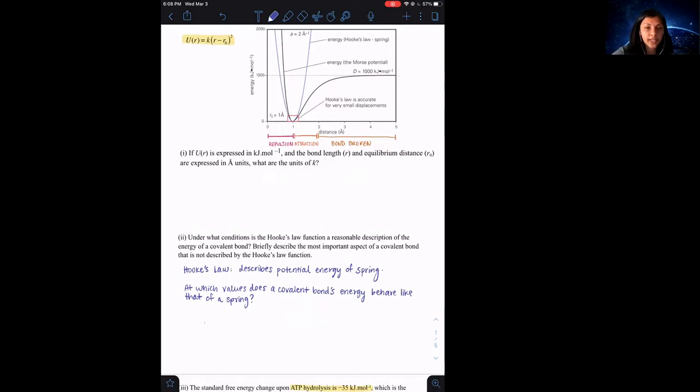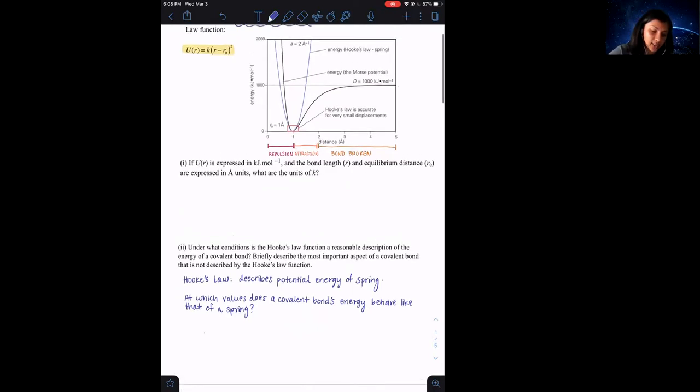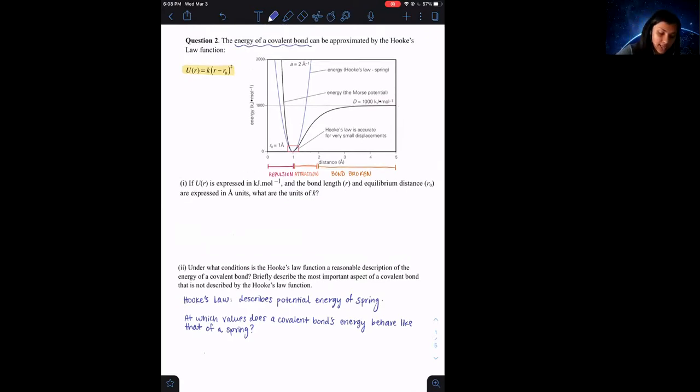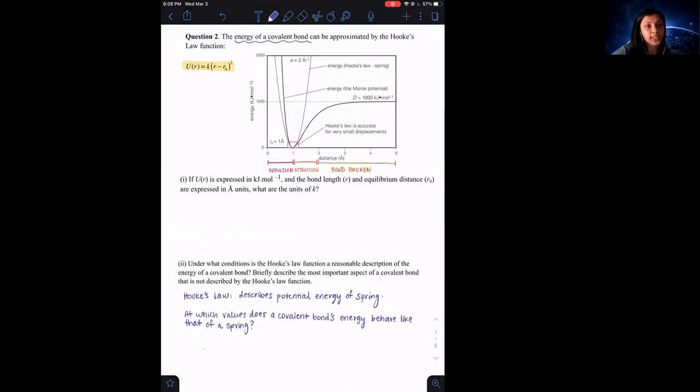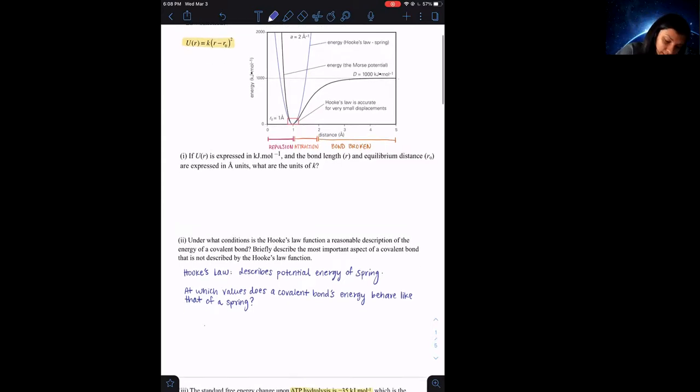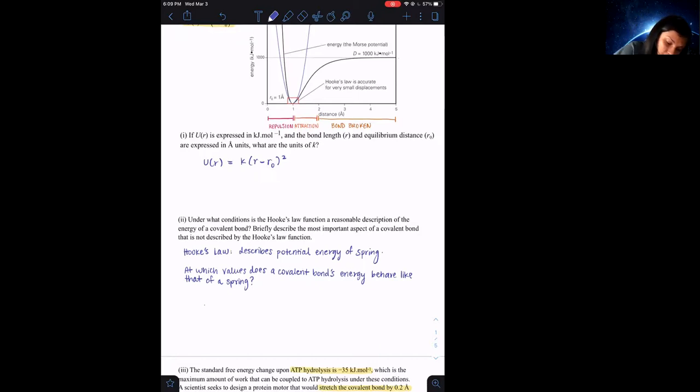In the first part of the question, it asks, what are the units of K if we are given the remaining units? Essentially, we have to rearrange the units. We're given that U of R, the potential energy, is in kilojoules per mole. Actually, first, let me just rewrite this equation: U of R equals K times R minus R naught, squared. U of R is in kilojoules per mole.